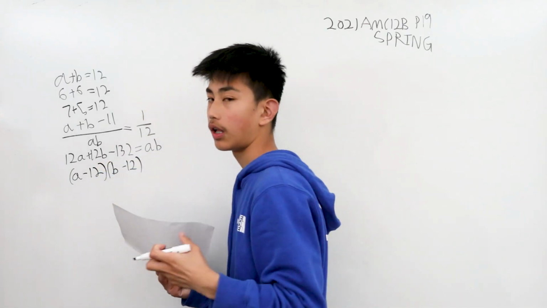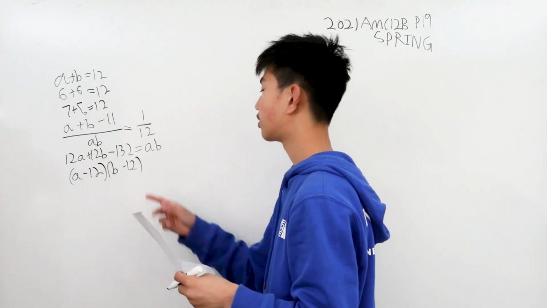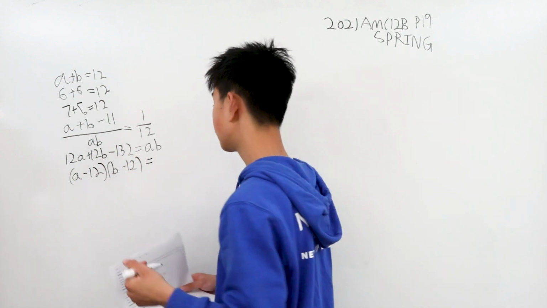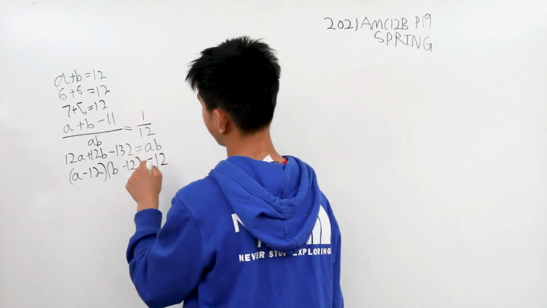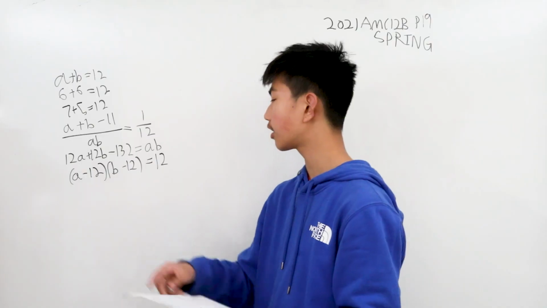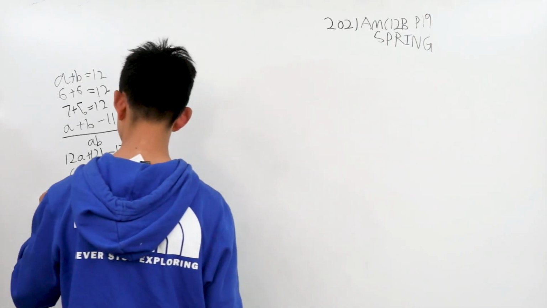But there's that 12. We need it to get 132 back. So in order to get it back to 132, you have to subtract another 12 at the end, or add it over here. It then goes to this system of equations. So then we get a few solutions.